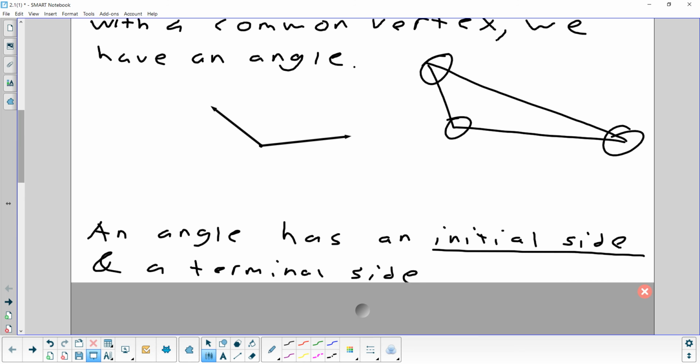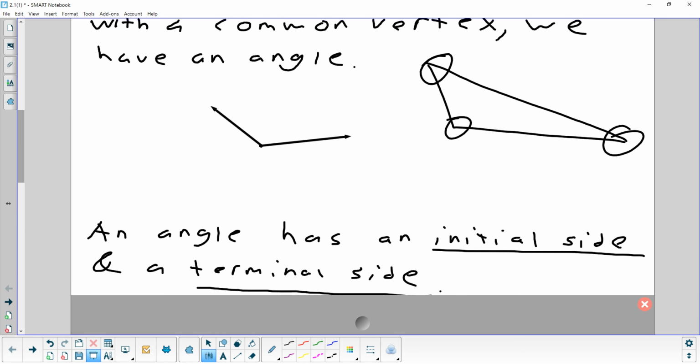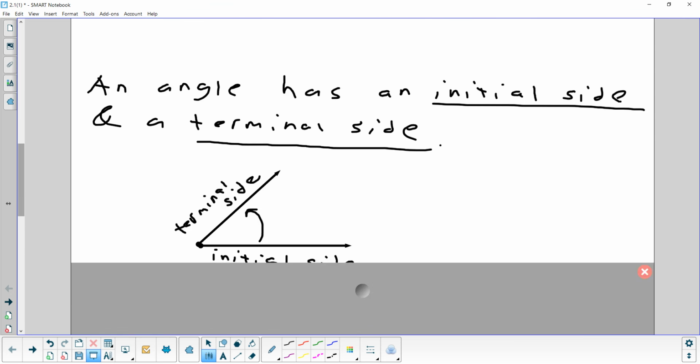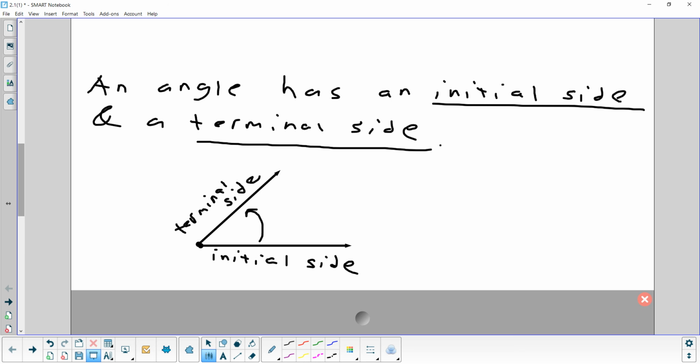All right. So an angle really has these two rays, and we call them the sides of the angle. One side is the initial side. The other side is the terminal side. So we need a way of understanding how you know which side is which. Here's another example.